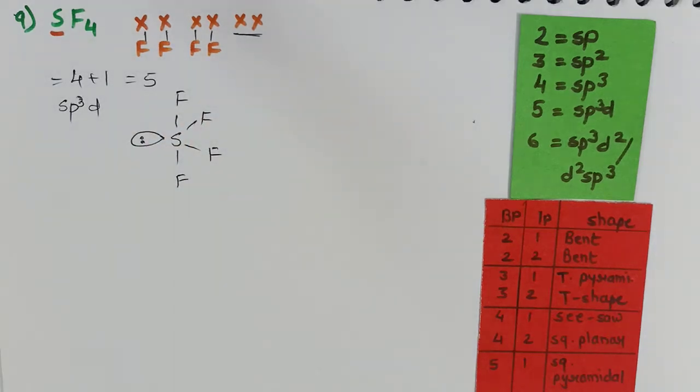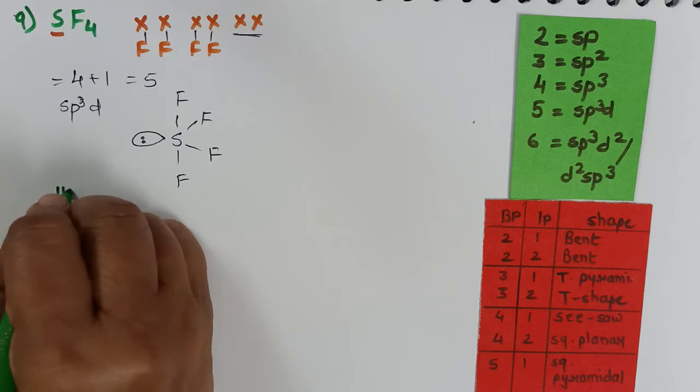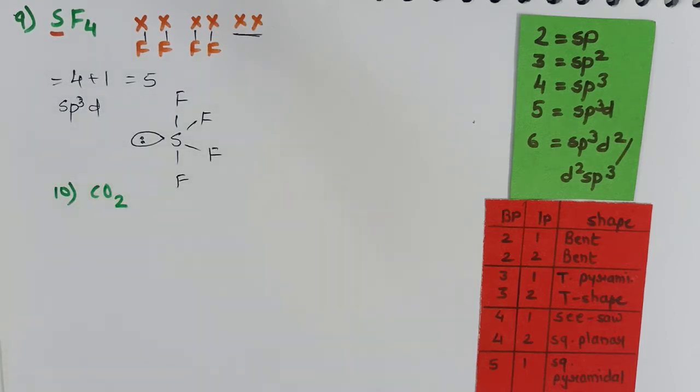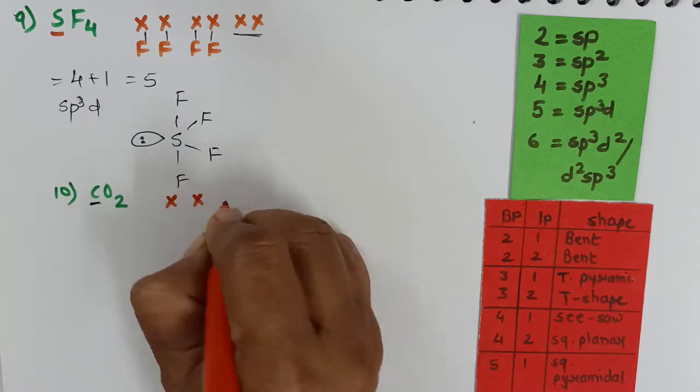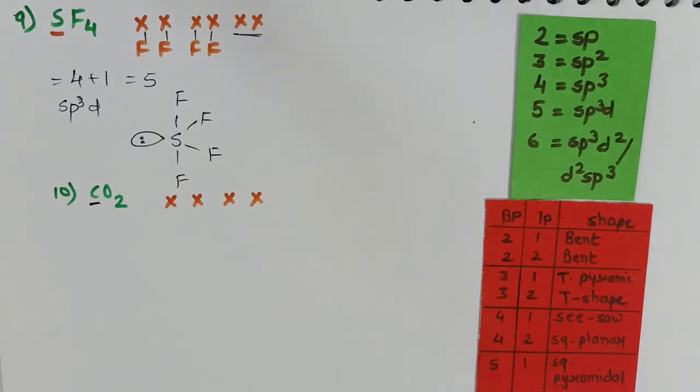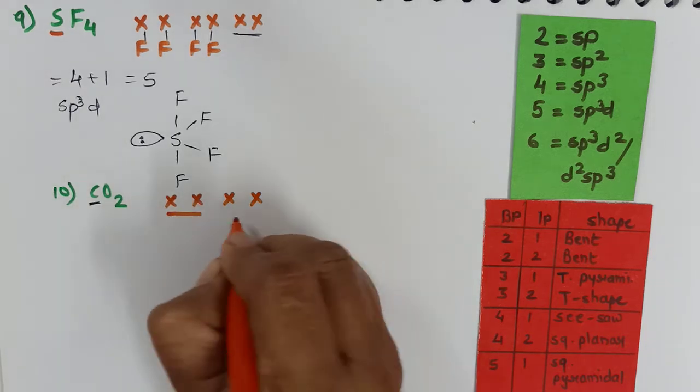Moving on to the next example, carbon dioxide. In carbon dioxide, carbon undergoes hybridization. How many valence electrons in carbon? There are 4 valence electrons in the carbon atom. Each oxygen will use 2 electrons.